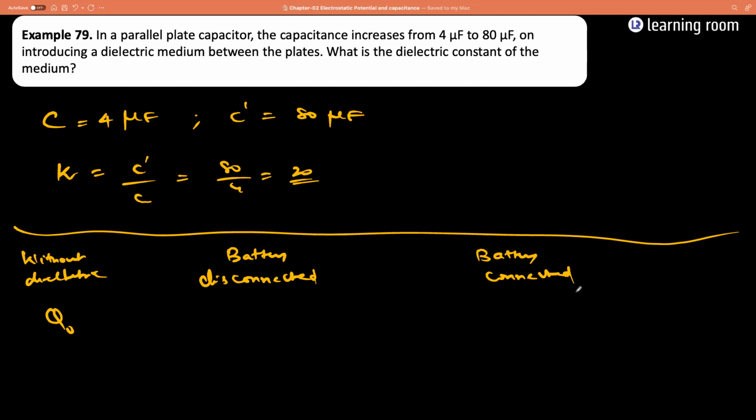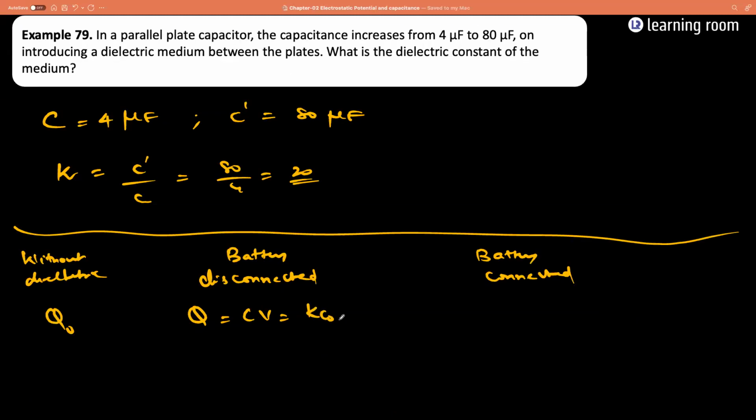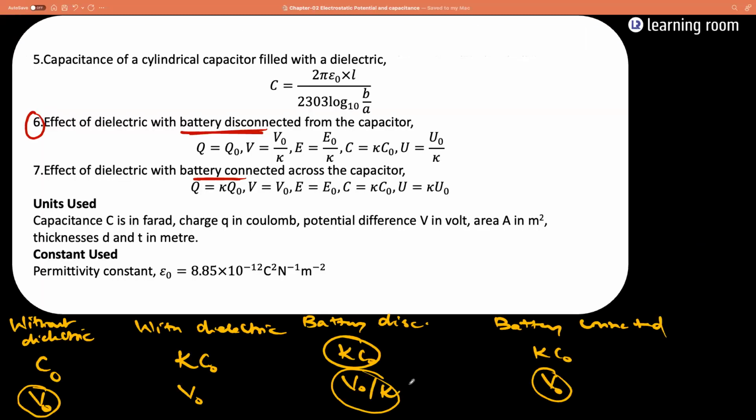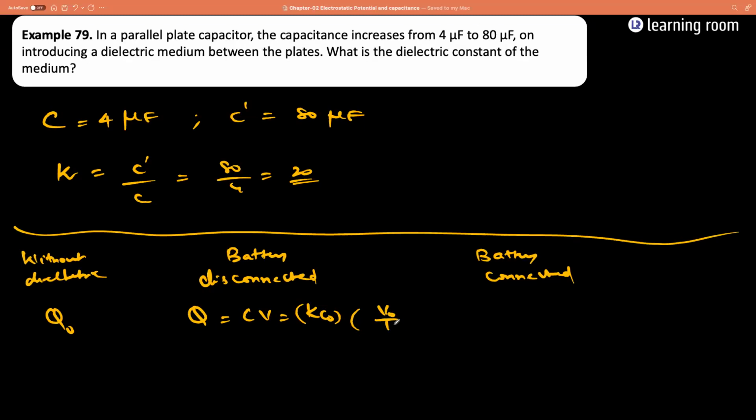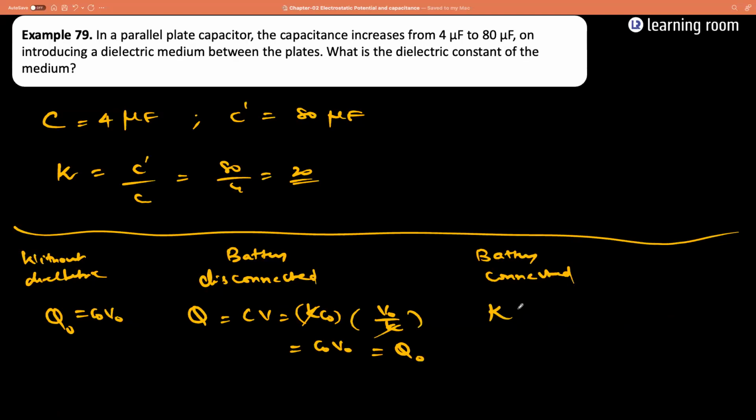When the battery is disconnected, what is the value of the new C? It is kappa times C naught, into the new V, which is V naught divided by kappa. Cancel them, and the answer is C naught V naught, which is the initial charge Q naught itself, because Q naught is C naught into V naught. What about battery connected? The charge will become kappa times Q naught.